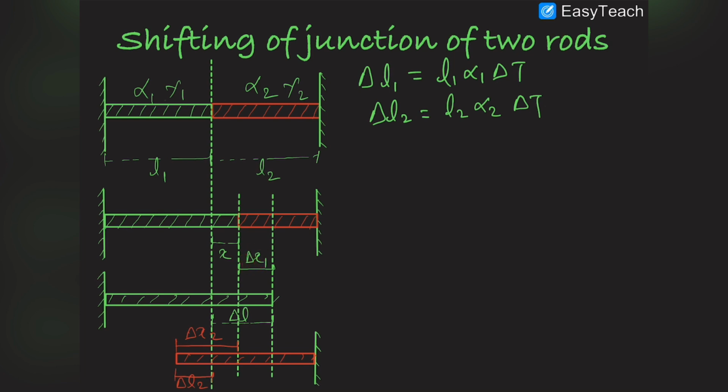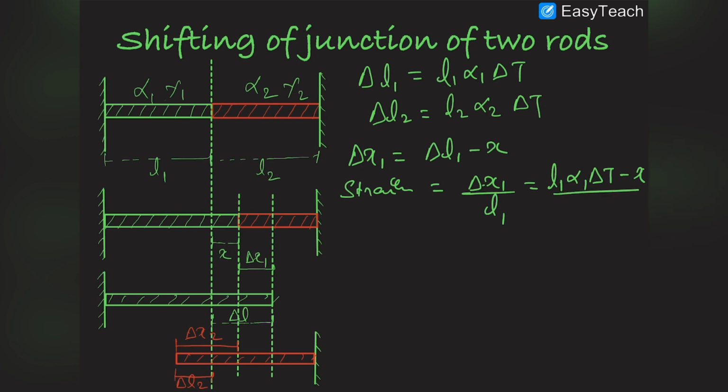So the restricted length for this green rod is delta L1 minus x, and therefore the strain developed in this rod will be the restricted length upon original length. So we can say that it is (L1 alpha 1 delta T minus x) upon L1.